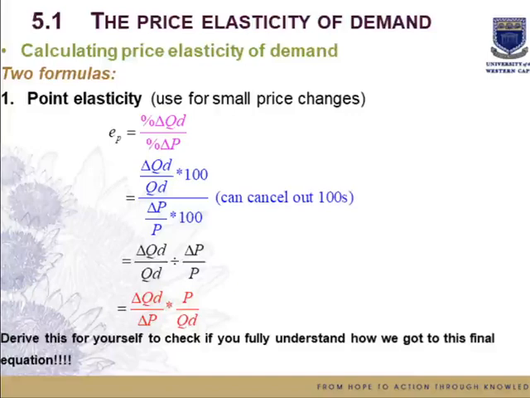You can then further manipulate this equation by cancelling out the hundreds, and after cancelling out the hundreds you can remove the division sign, and then you end up with the change in quantity demanded divided by the change in price multiplied by P over QD. Please do perform this manipulation on your own to check if you fully understand how the final answer was obtained.